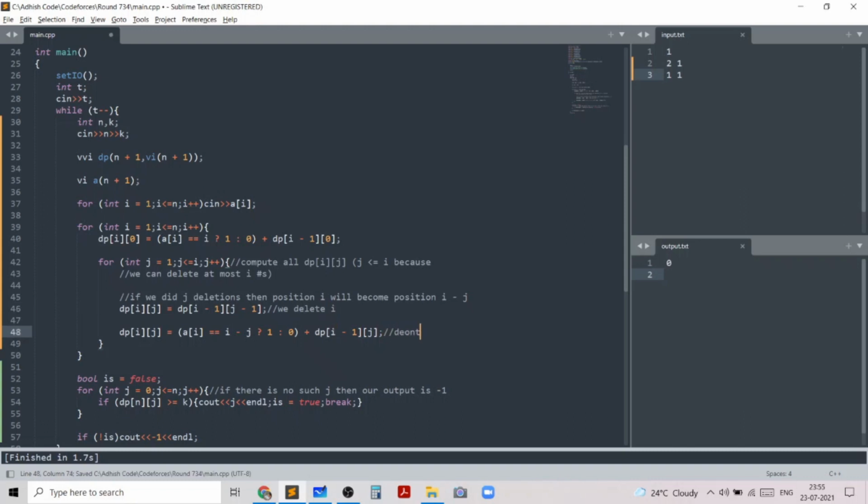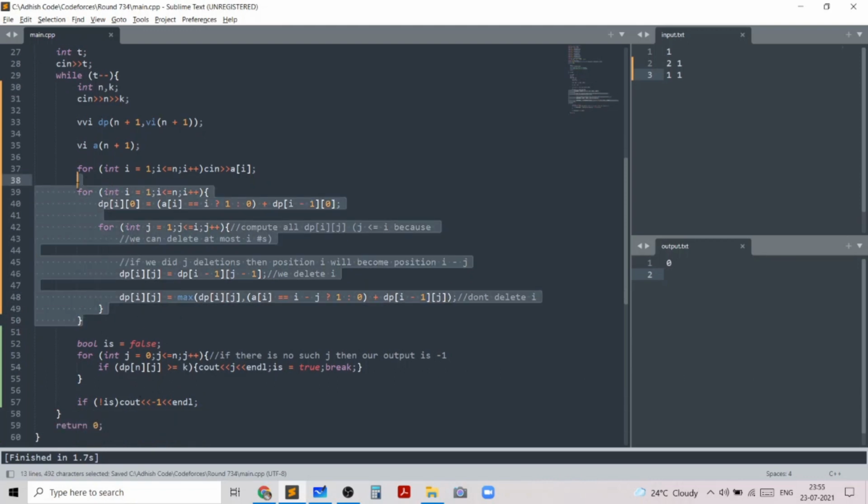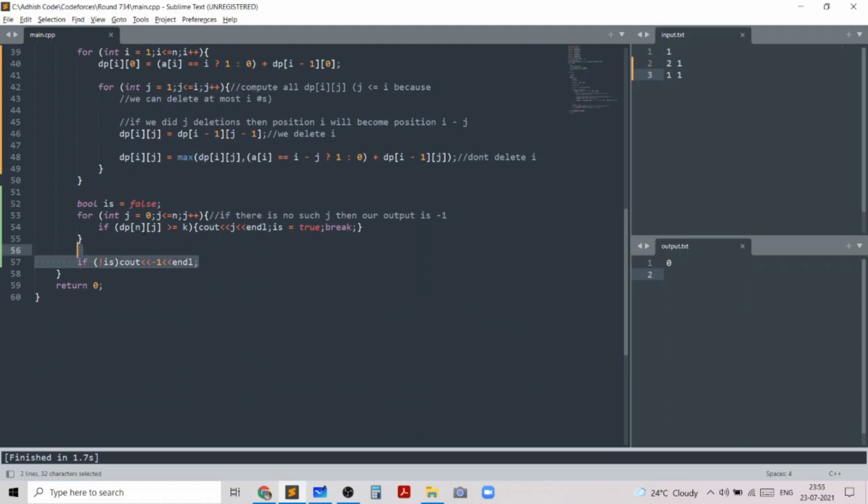And the second case is when we don't delete i. Then we know that the index i becomes i minus j, and hence we check if a_i is equal to i minus j, and if it is, we add plus 1, or otherwise we add plus 0. And again we add dp[i-1][j], because we have i minus 1 numbers left and j deletions left to do. So that's the entire iteration for computing the DP table. And then we print the output as I mentioned.